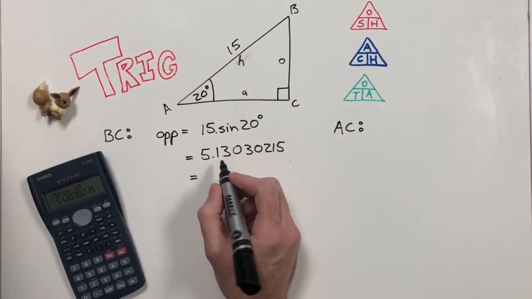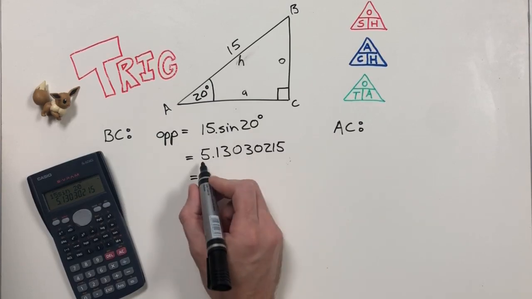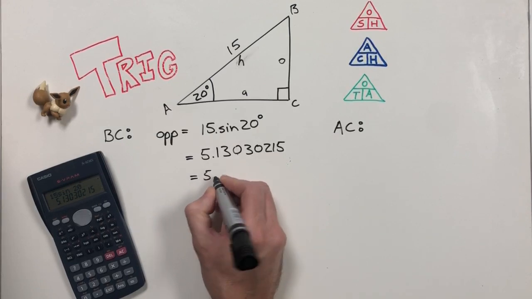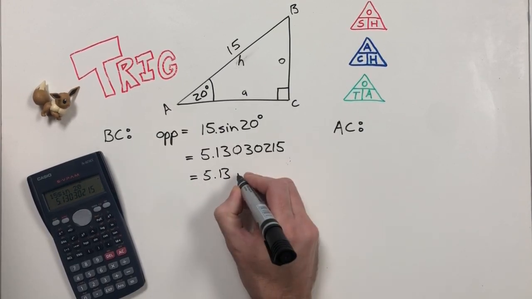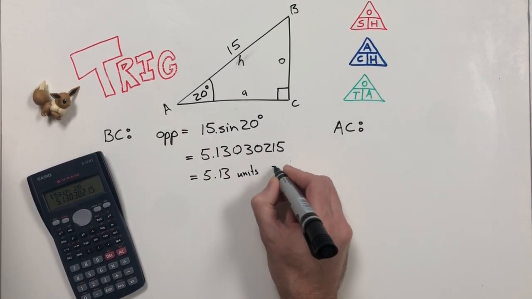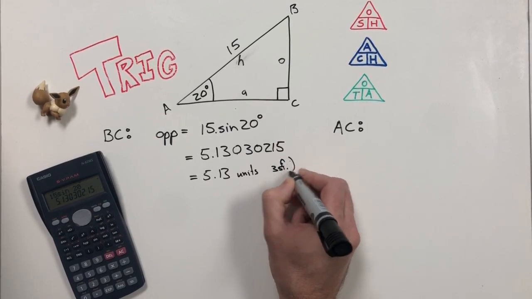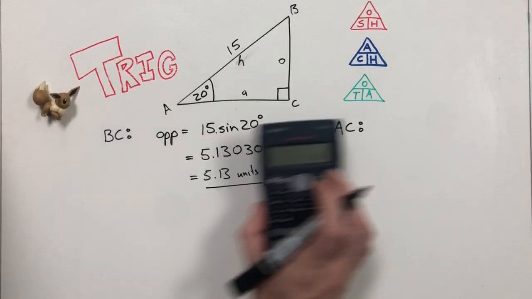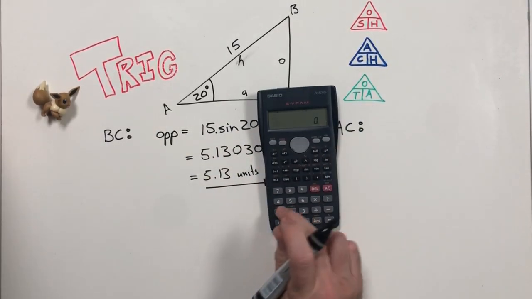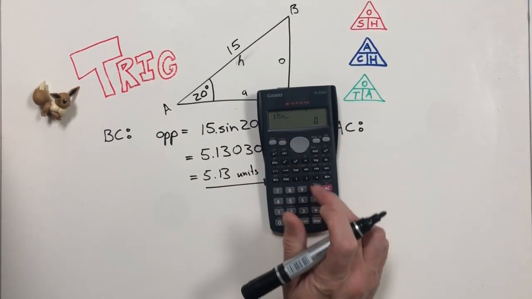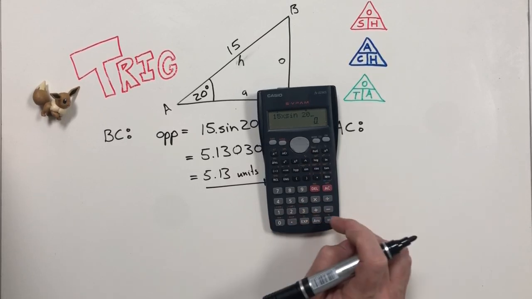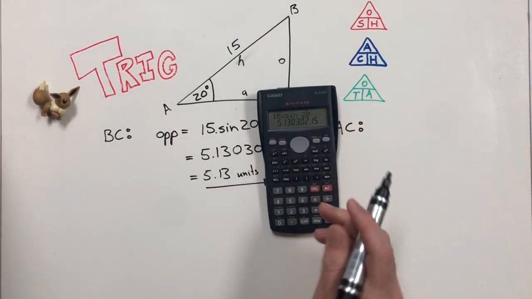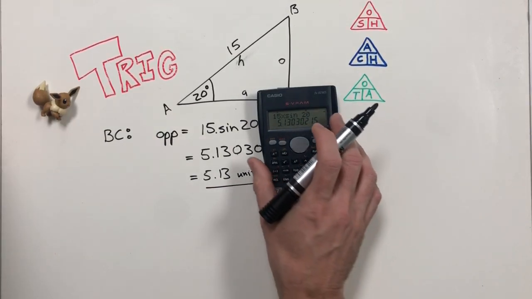Usually the instruction says three significant figures, so that 0 is obviously not going to influence this one, so 5.13, whatever the units are, and that would be three significant figures. So this would be good enough. Just to show you that I'm not lying, if I did 15 times the sine of 20, it's also the same thing. Okay, so I don't have to write the little sign or multiply a value in there.